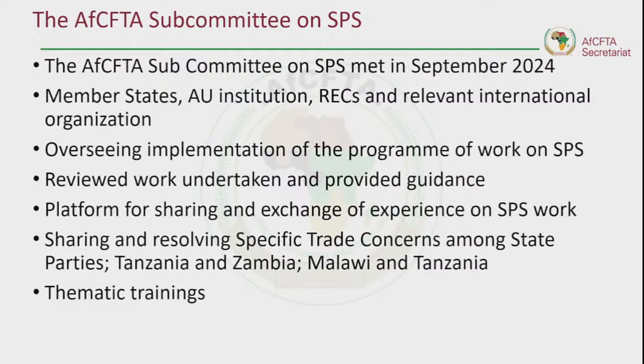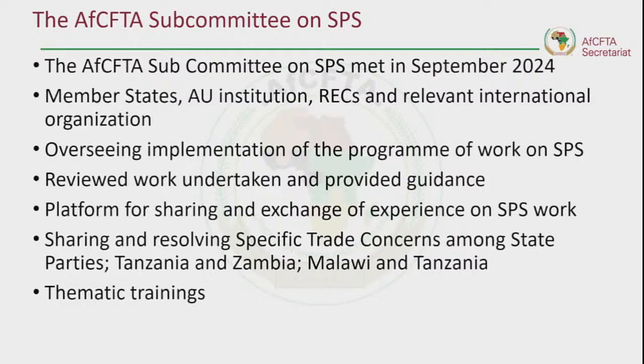So we had member states in attendance, AU institutions, all the AU institutions dealing with SPS work, RECs, and also relevant international organizations.